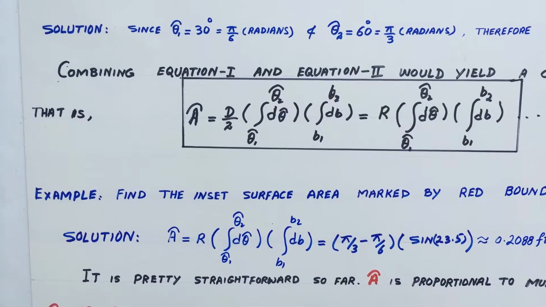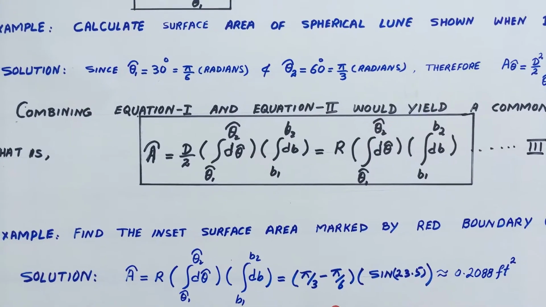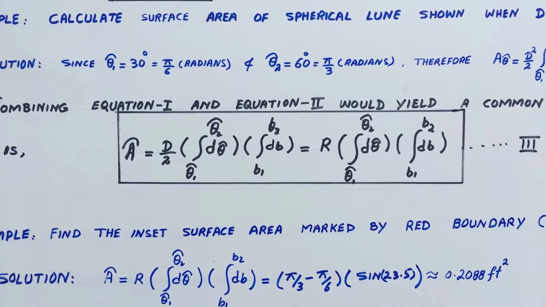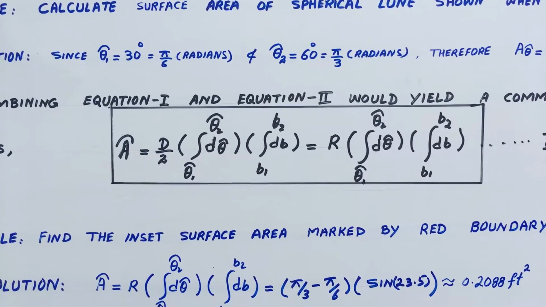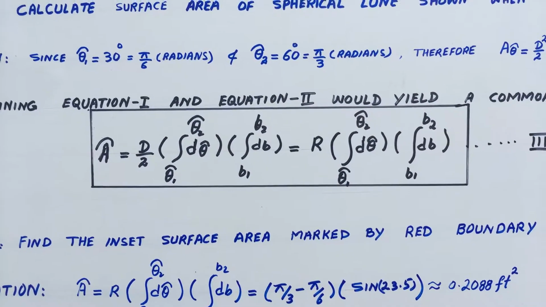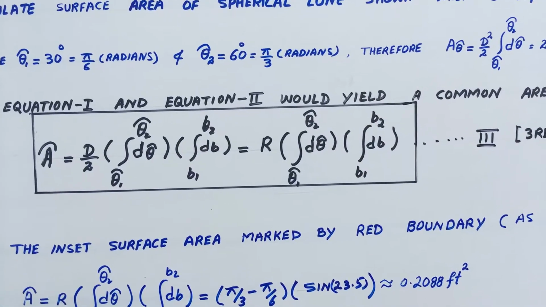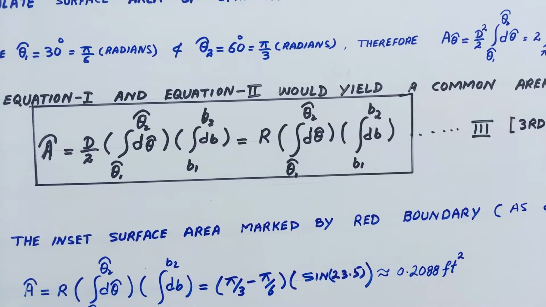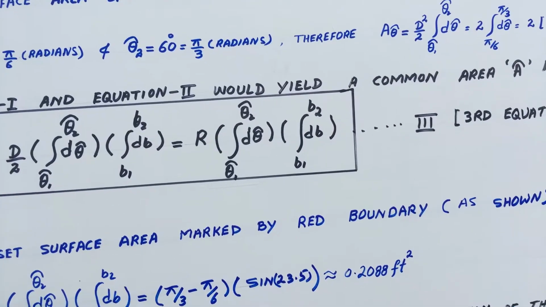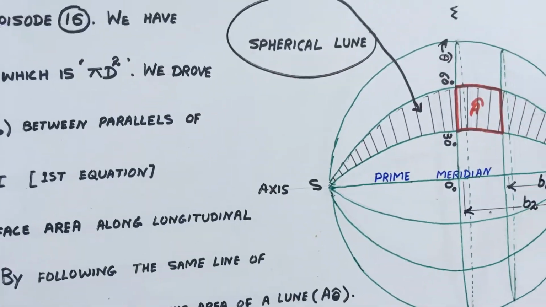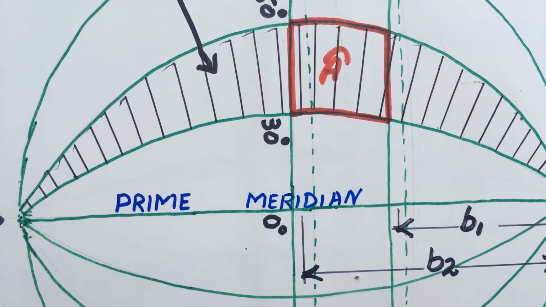And this is very simple. r is 1 and θ is the integral, pi by 3 minus pi by 6, times sine 23.5, and this is the distance between two latitudes, and it is the difference between B2 and B1.